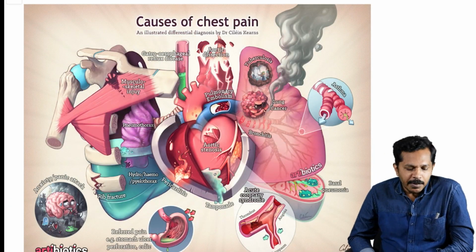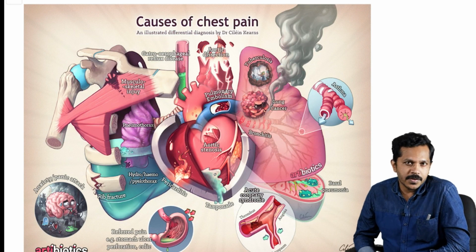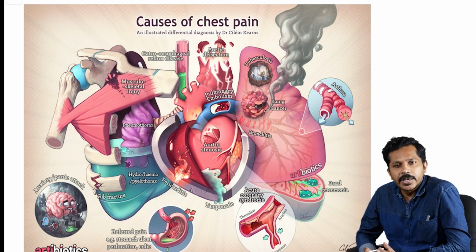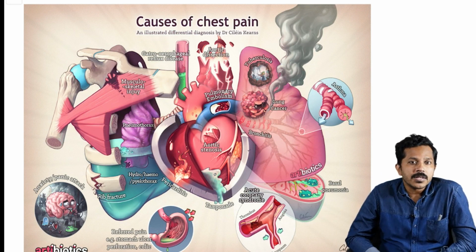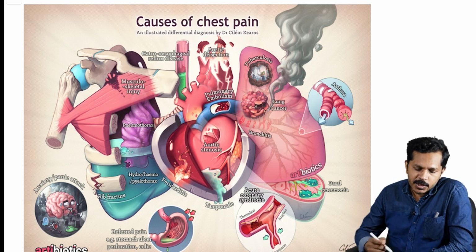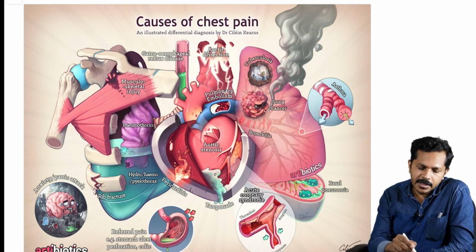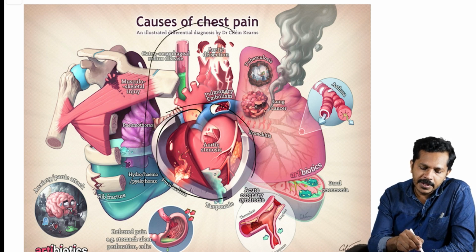So this is a diagrammatic representation of the various causes of chest pain, to give you an idea regarding the causes of the central and the peripheral chest pain. In the center you can see the heart is situated, and ischemic heart disease, pulmonary embolism, esophageal disease, aortic dissection, everything comes in the center.